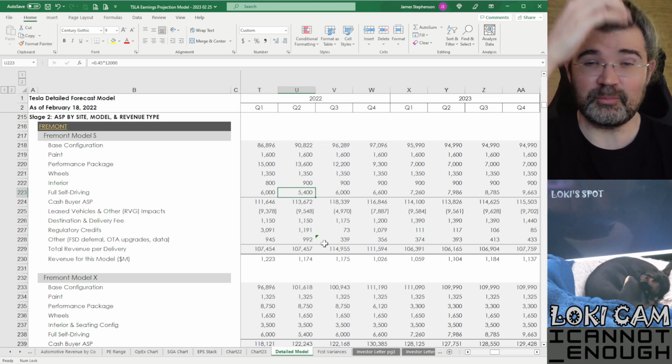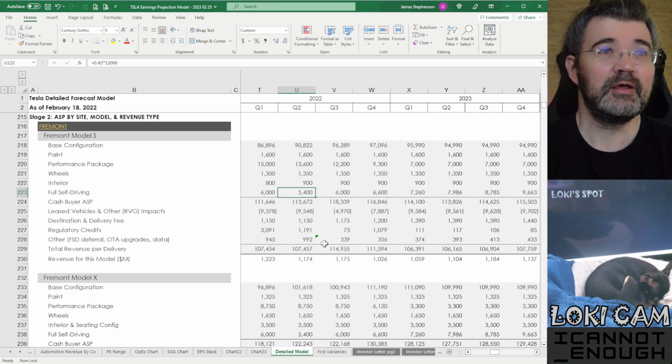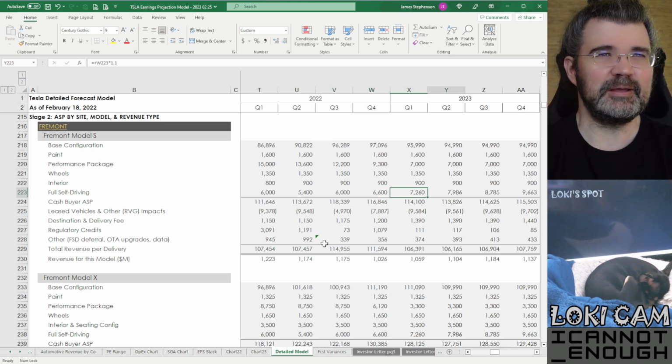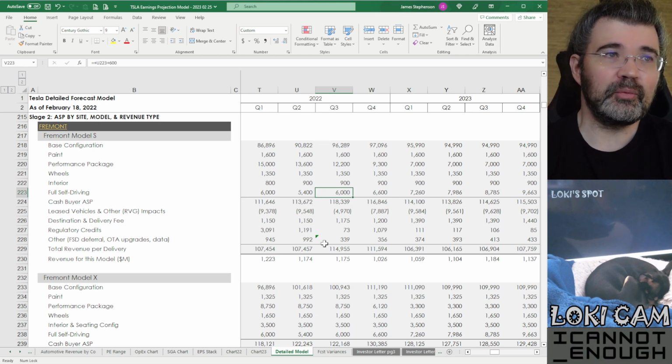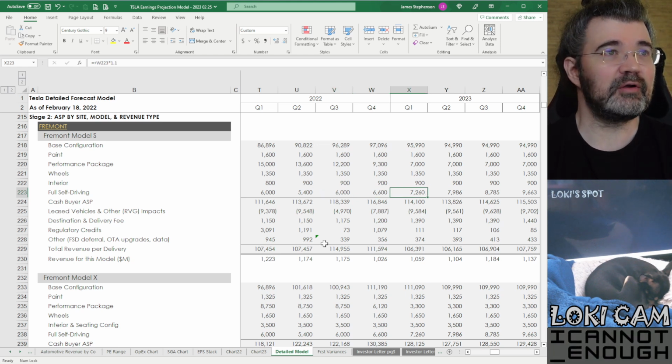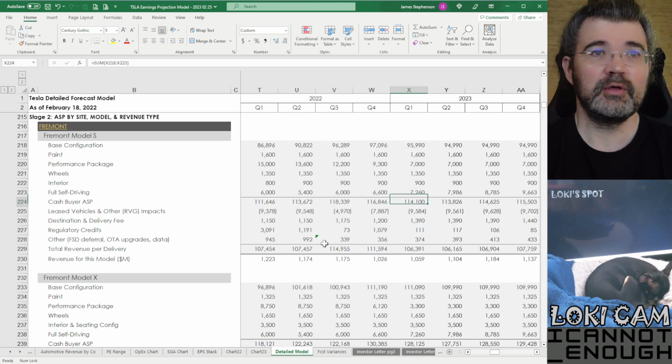So Tesla has raised the price of FSD since then, so some of that lift we're getting for free. And that's about where I think the average full self-driving revenue per Model S is.